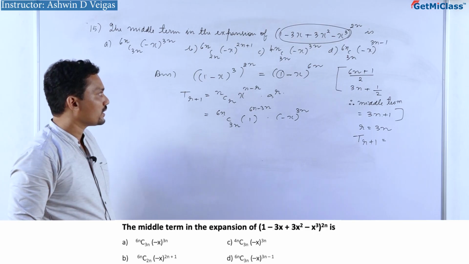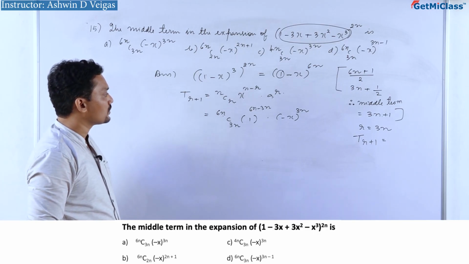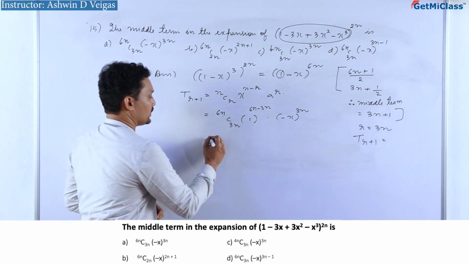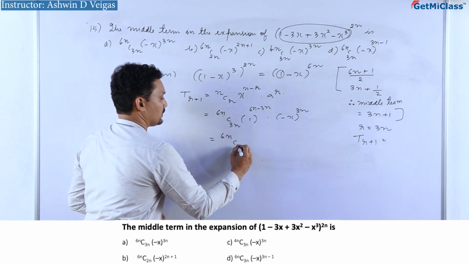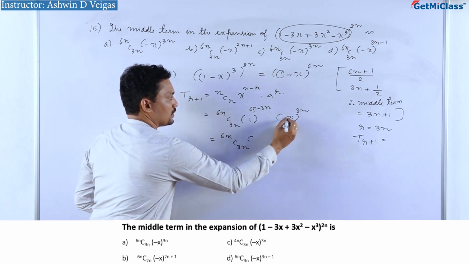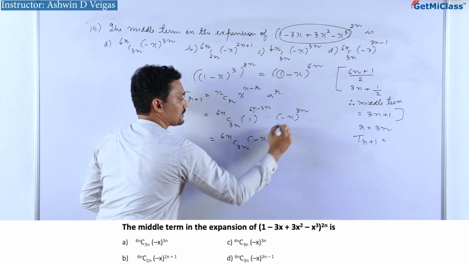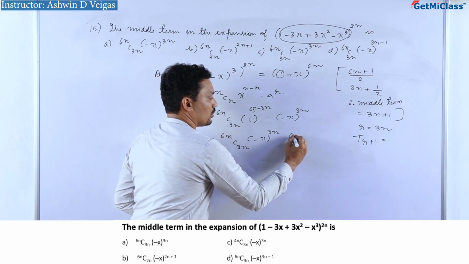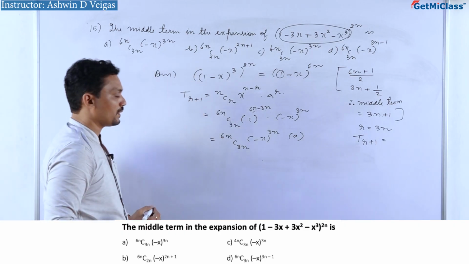Now we can see whether this option is there. 1 power anything is 1, so you can forget this. So this is 6nC3n times (-x) power 3n, and from here we can see that option A is the answer.